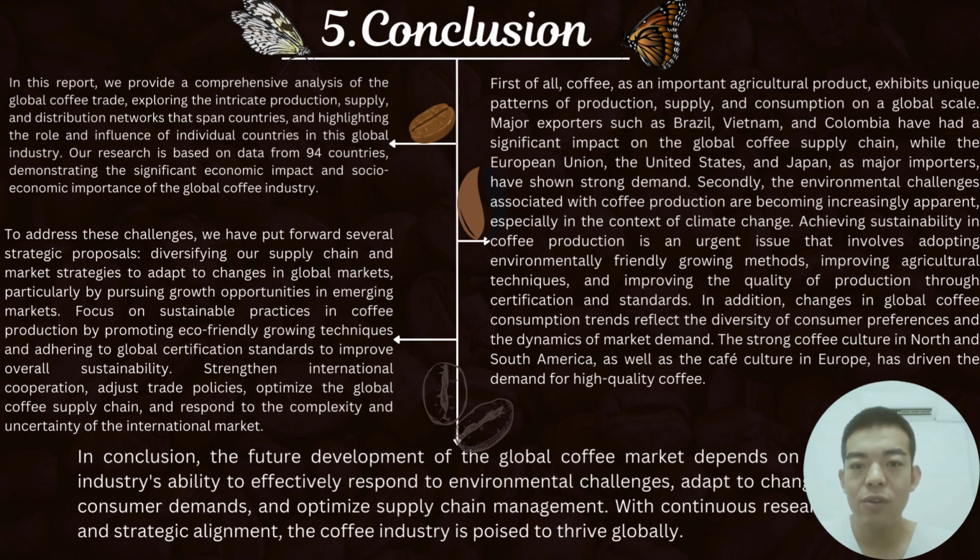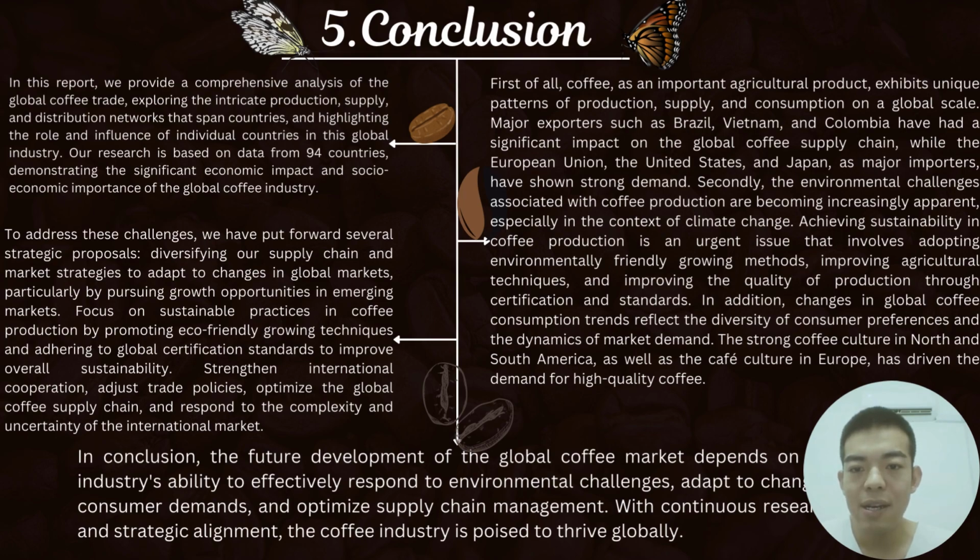The coffee industry is at a critical juncture facing environmental challenges exacerbated by climate change. To navigate this, we must commit to sustainable production practice, improve agricultural techniques, and enhance the quality of production through rigorous certifications and standards.